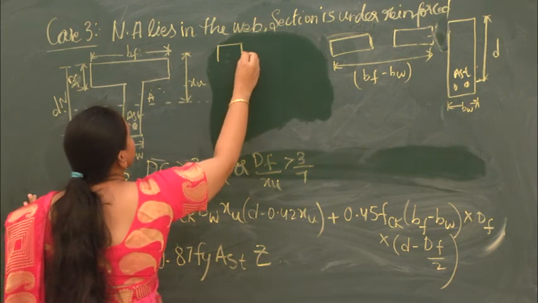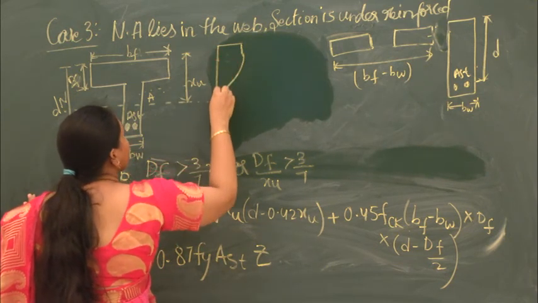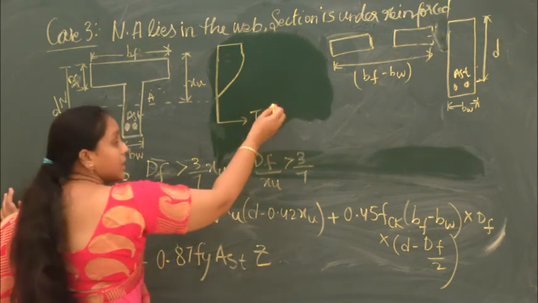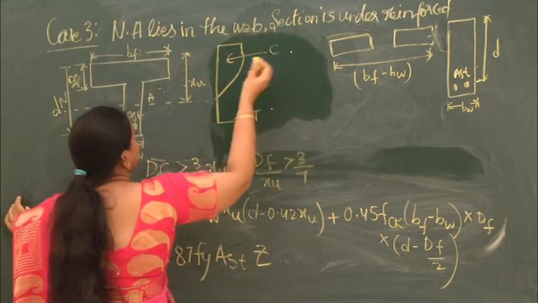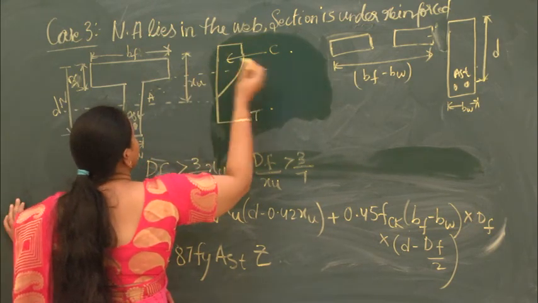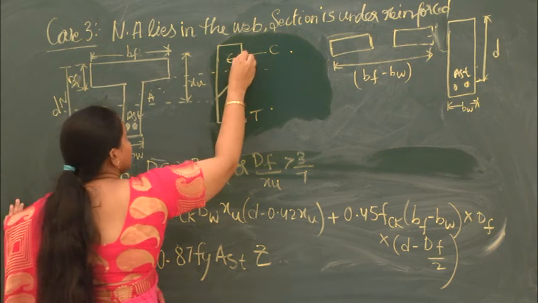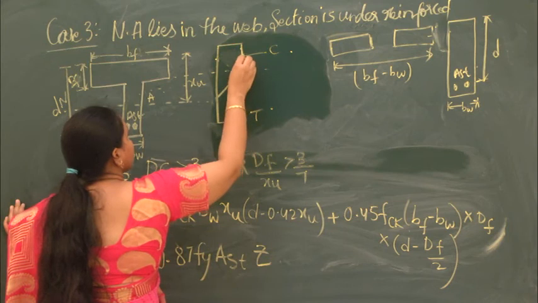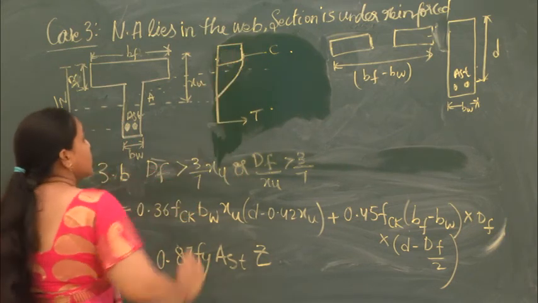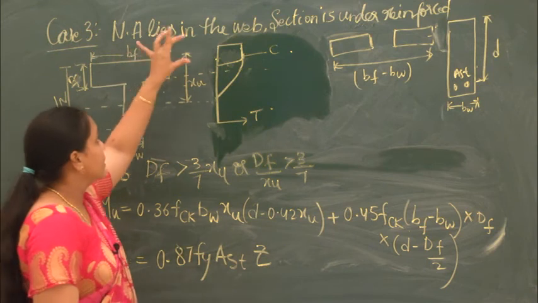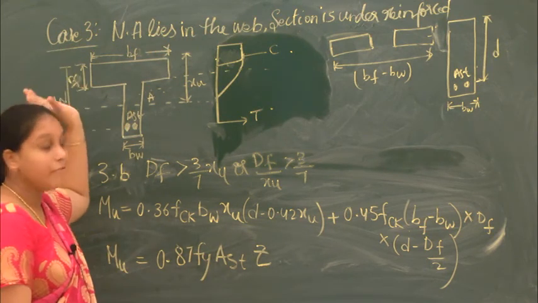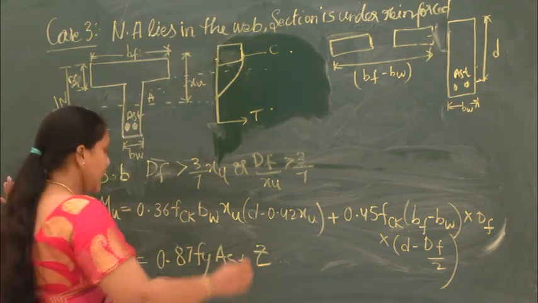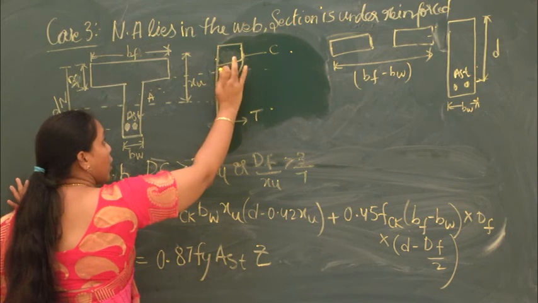We are going to have the tensile force, we are going to have the compressive force. If you see here, this dF, this is the rectangular portion and this is going to be the parabolic portion. So in this particular flange, that is the thickness of the flange dF, you are going to have both the stresses in the rectangular portion as well as the stresses in the parabolic portion.